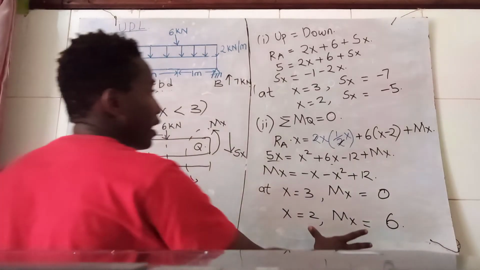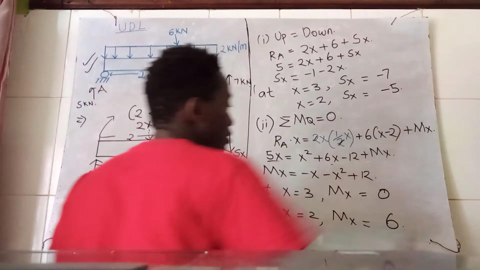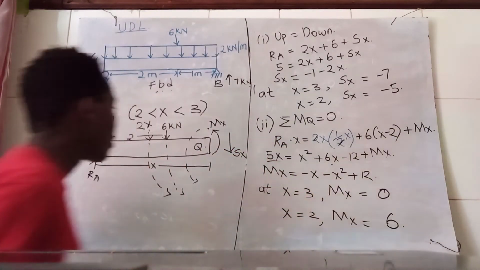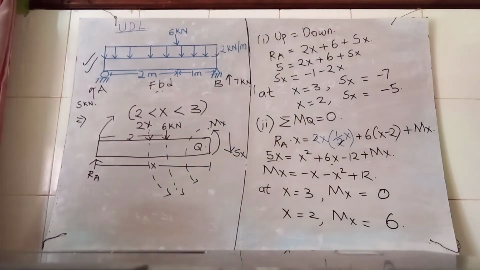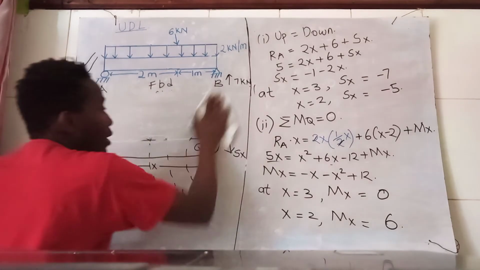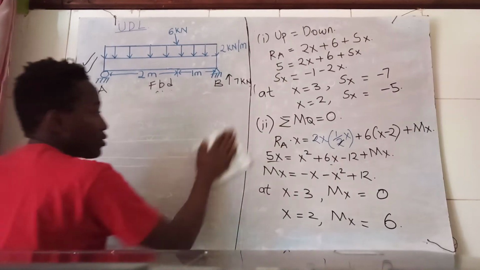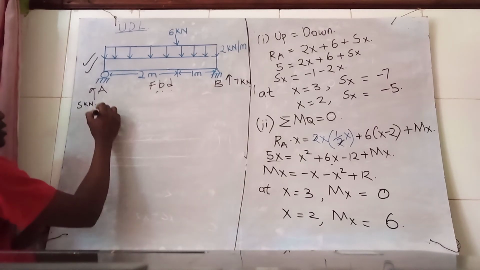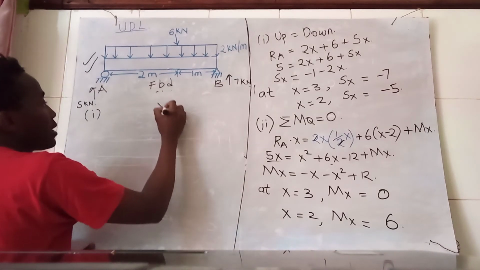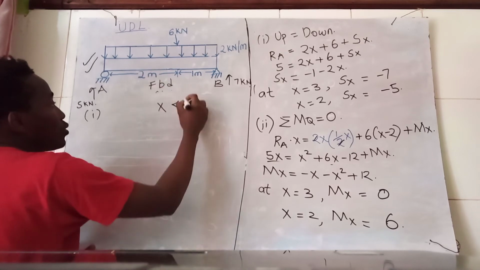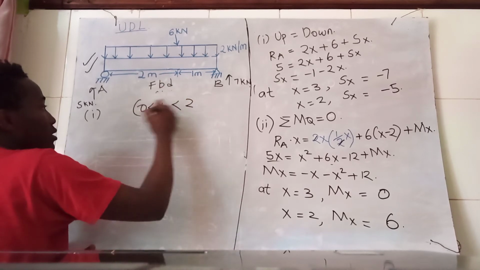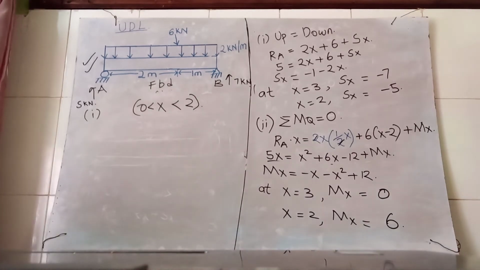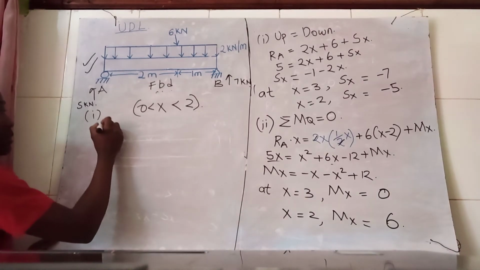So now I have the two values of my shear force and also the values of my moment. I want to write them here so that I can plot with ease. For the first section, x less than 2, greater than 0, let me read them.